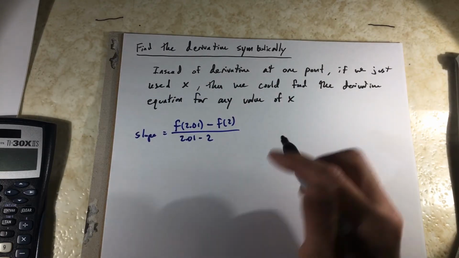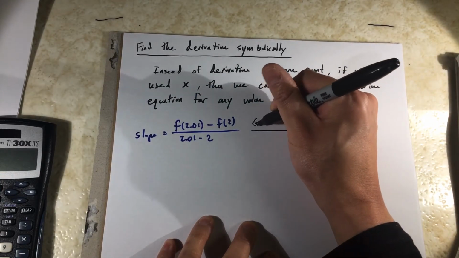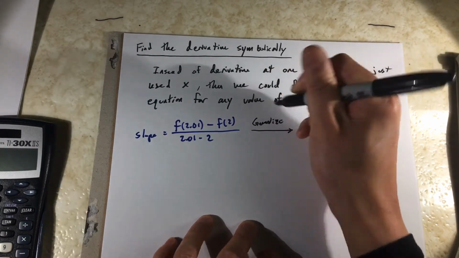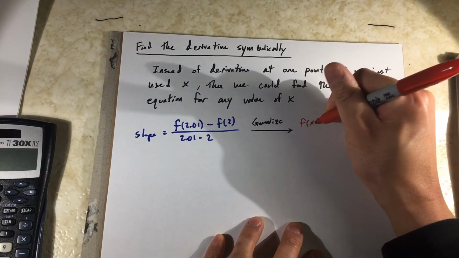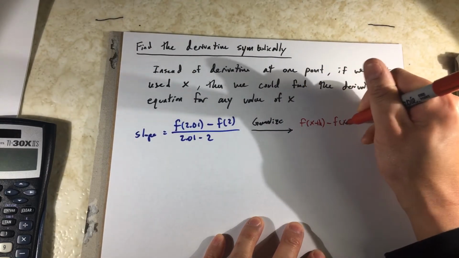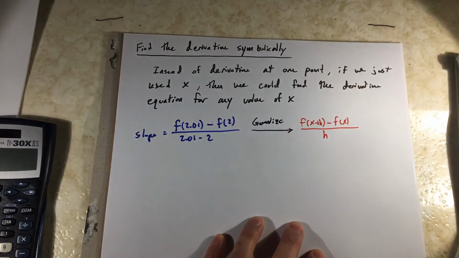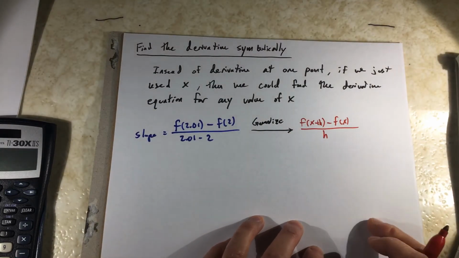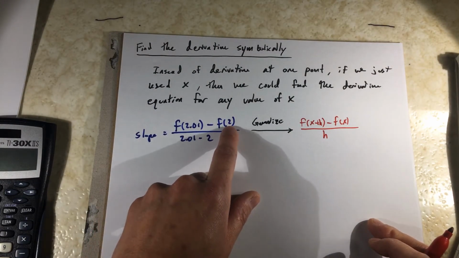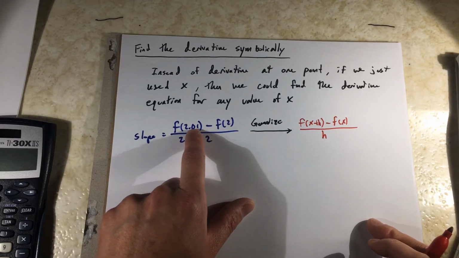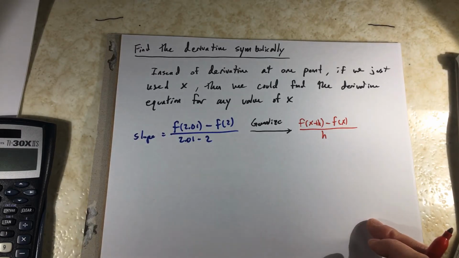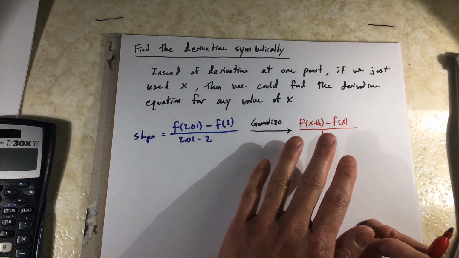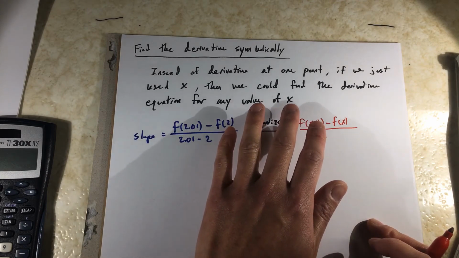And then what we're going to do is generalize that to an equation f of x plus h minus f of x over h. Okay, so instead of using a specific value, which in this case is 2, or a specific added value, which is 0.01, we're just going to use x and we're going to use h. And that'll give us the derivative, or the slope of the tangent at any value of x we choose.